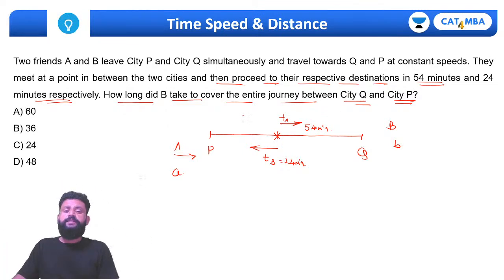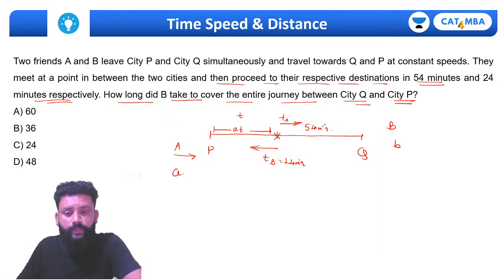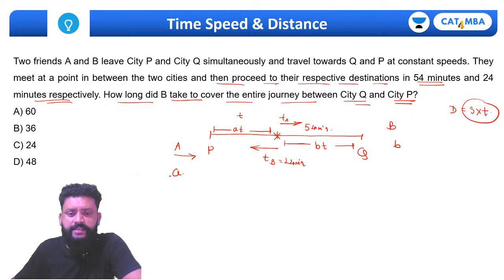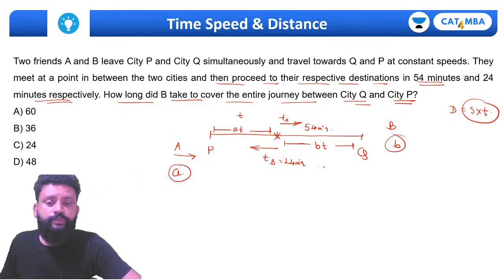Let's say they meet each other after time t, so this distance must be A into t, and the remaining distance has to be B into t, because we know the distance is speed into time. So I have taken capital A as the speed of A and small b as the speed of B.